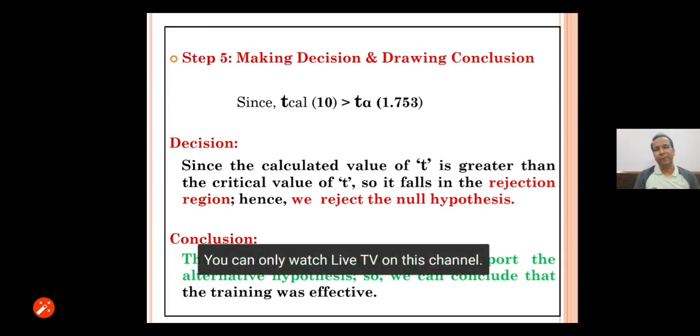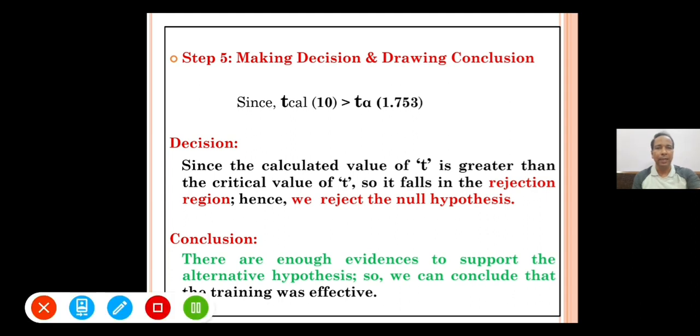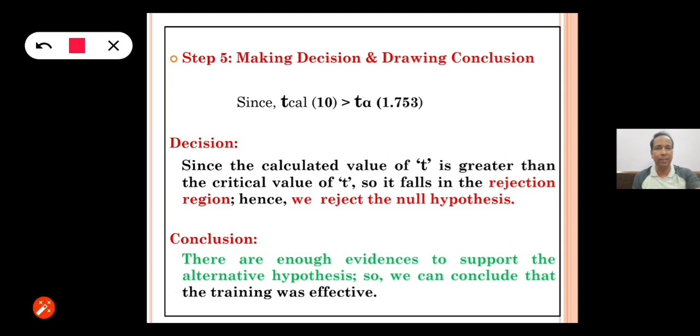Let's go to step 5, learners, where we will see how a decision can be made and conclusions can be drawn. In that step we compare the t calculated value with the t critical value. So here t calculated is 10 that we have already computed, and t critical is 1.75.